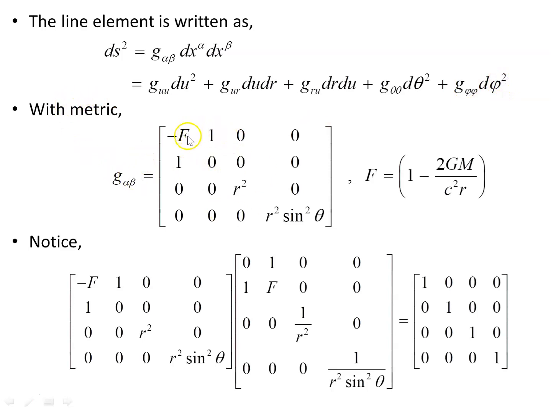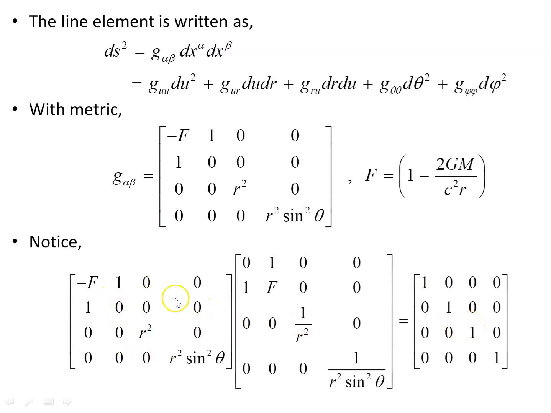I'm just going to replace the rather large term at the front there with the symbol f, and we'll just put that in here now. Okay, and we notice that if we just swap this minus f and put it down here as plus f, and take 1 over r squared and 1 over r squared sine squared theta, but keep the 1's here, when we multiply this and this together, we get the identity matrix.